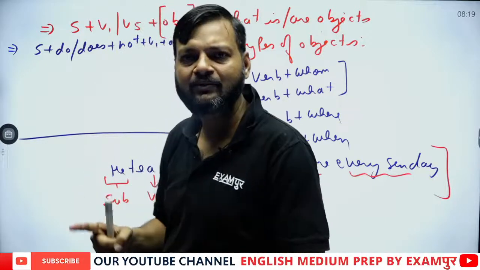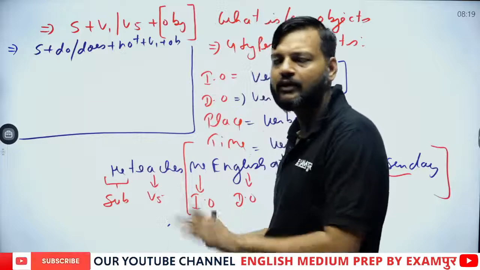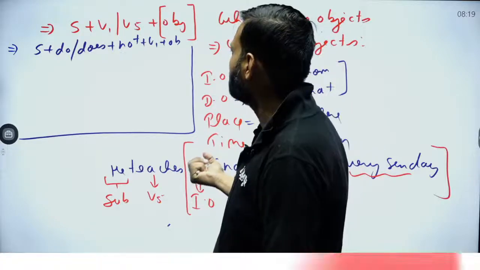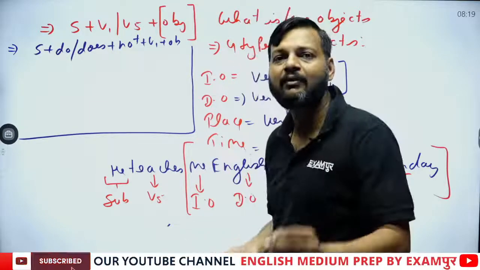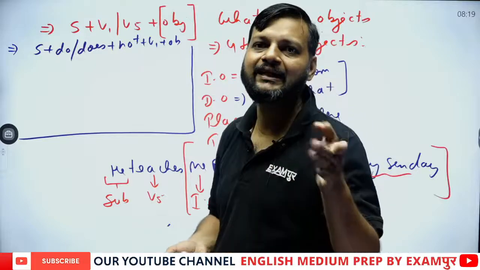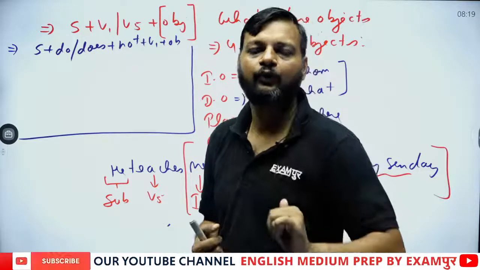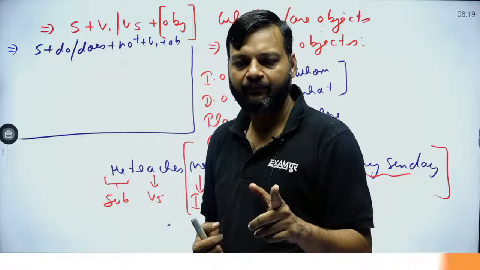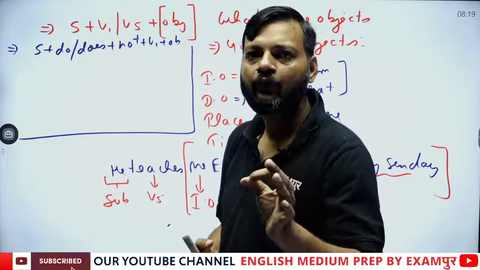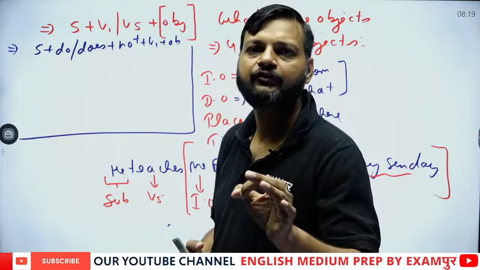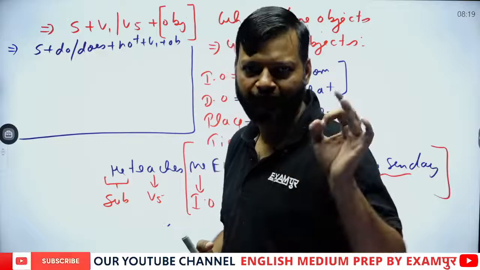And here object means all four. So subject, do, does, not, V1, and object. Remember, do is first form and does is fifth form, like go is first form and goes is fifth form.